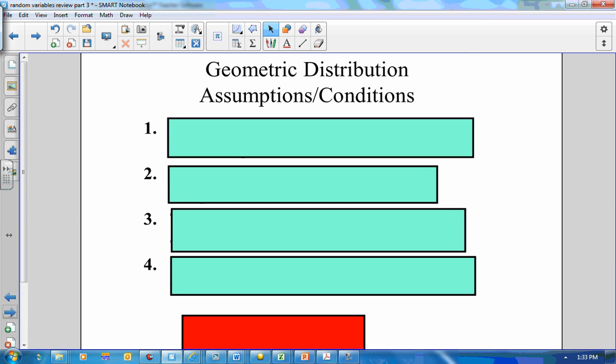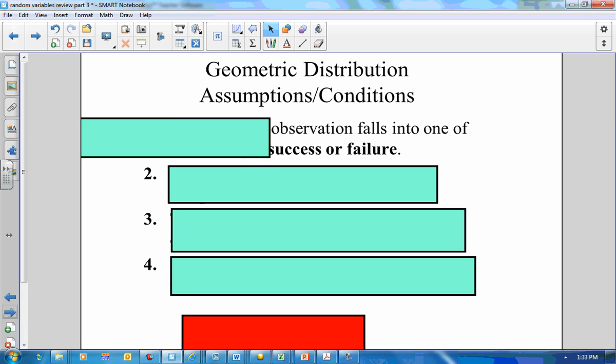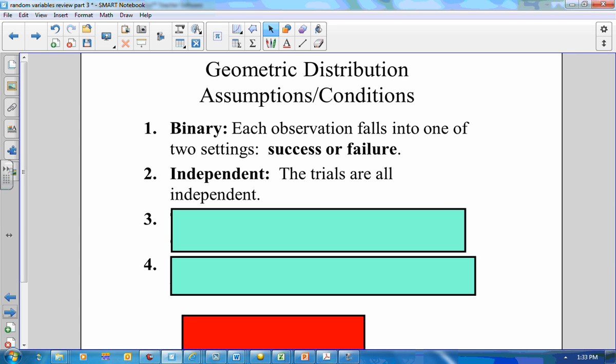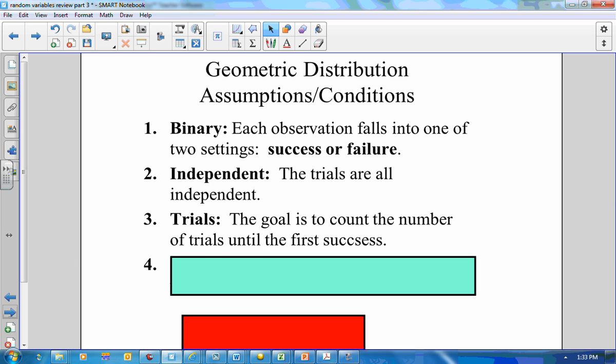All right? So the conditions for a geometric distribution, much like the binomial: the first one's the same. Observations fall into one of two settings, success or failure. The observations have to be independent, each trial independent of the others. Now this is where we had the bins. We had an n here for binomial; the number of trials was fixed in advance.